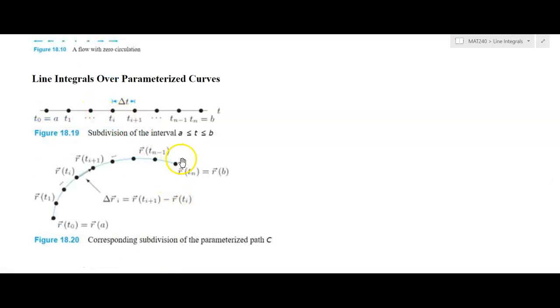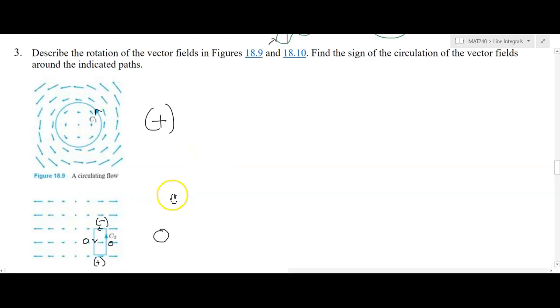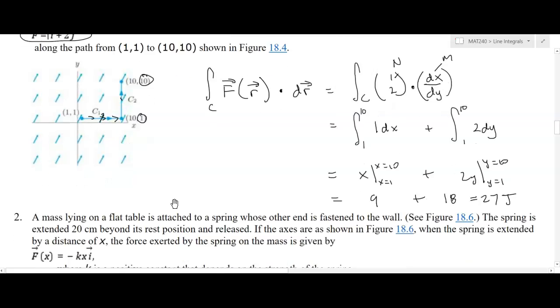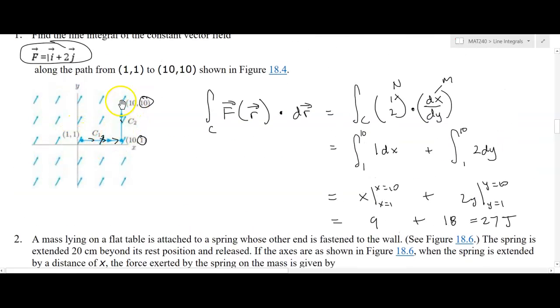Now, everything is great with the process that we've explored for these line integrals, except that notice that our movements were always parallel to one of the axes. So in this curve, only the x component was changing, and in C2, only the y component was changing. Imagine that we actually wanted to go straight from (1, 1) to (10, 10). In other words, I wanted to cut across in this direction.